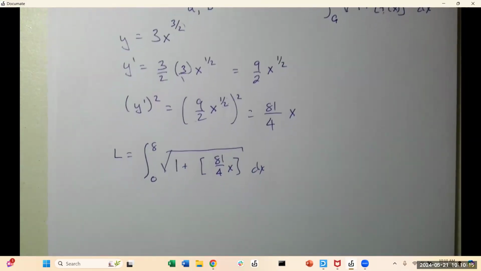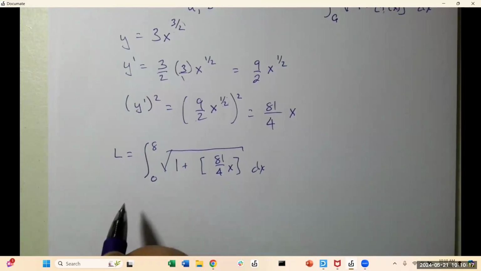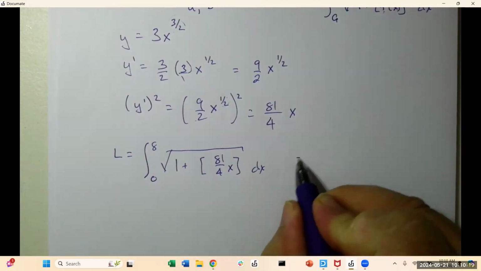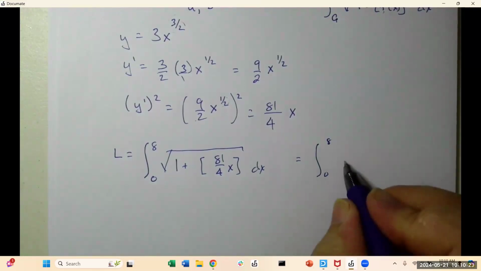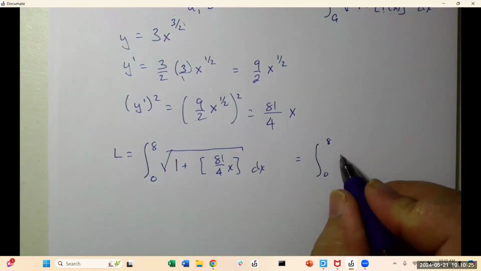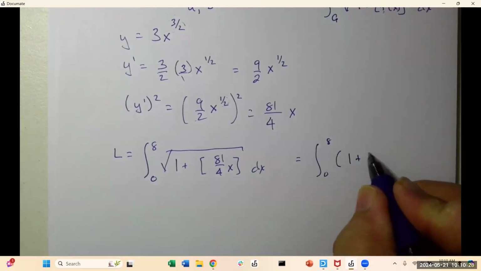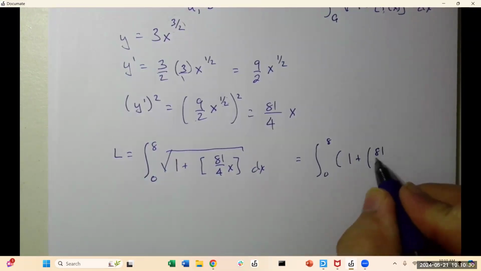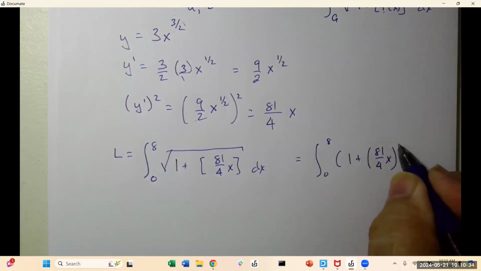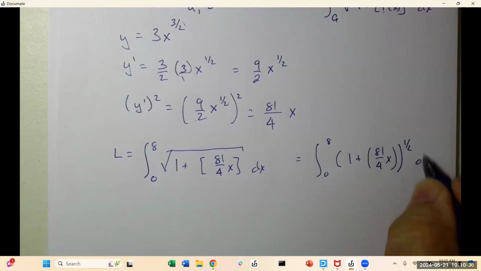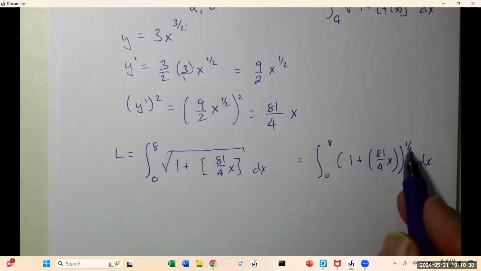All right, so let's see what we have here. I just rewrote that radical as the power 1/2.